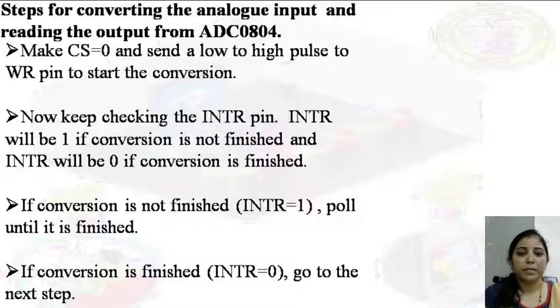After the first step, keep checking the INTR pin, that is the interrupt pin. INTR will be 1 if conversion is not finished, and INTR will be 0 if conversion is finished. If conversion is not finished, it holds until it is finished. Finally, when conversion is finished, interrupt goes low and we go to the next step.